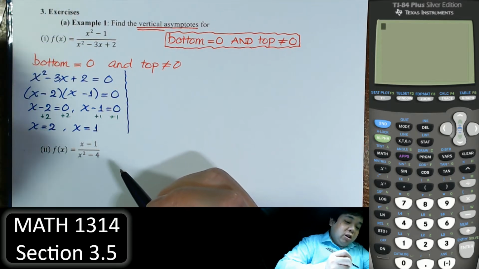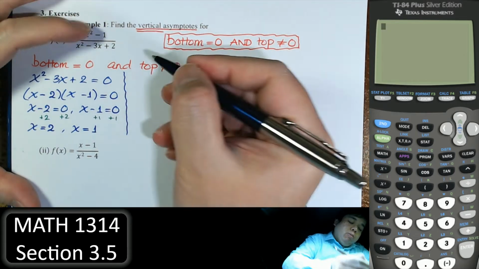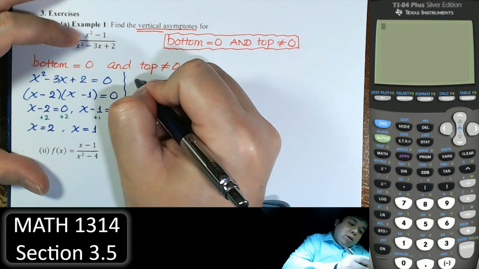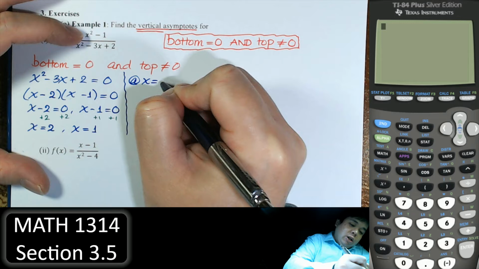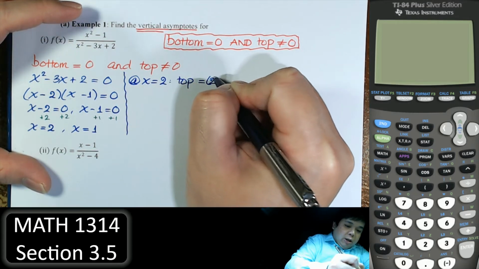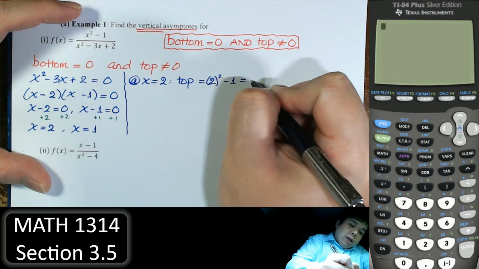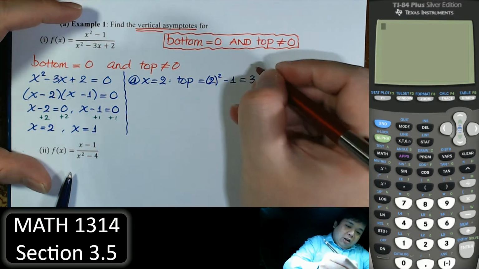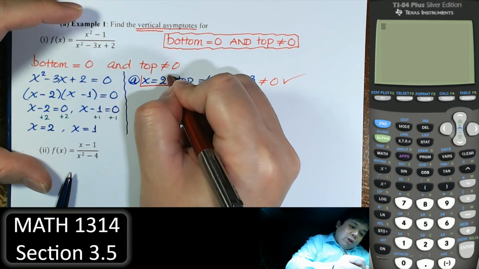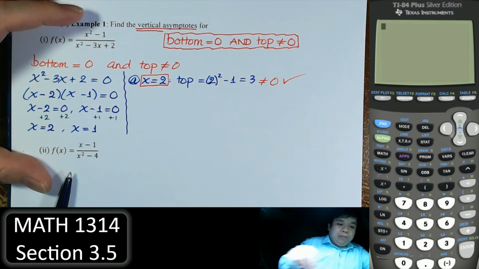Right. Now, that will make the bottom equal to 0. That will make the function undefined. Now we just need to make sure that the top is not equal to 0. We do not need to solve for the top. We just say when x equal to 2, the top equals 2 squared minus 1, which is 3, and that is not equal to 0. So it is good. We have x equal to 2 is a vertical asymptote.